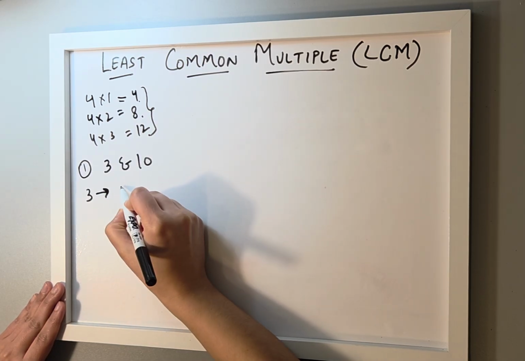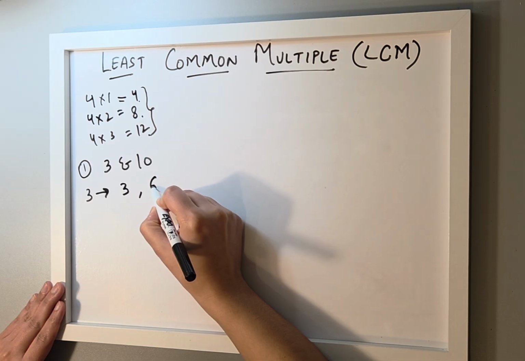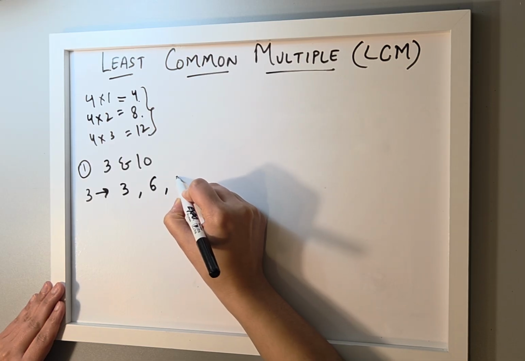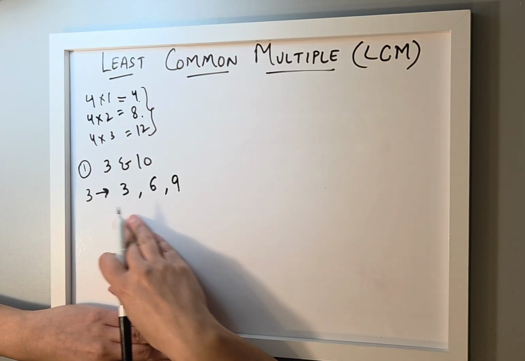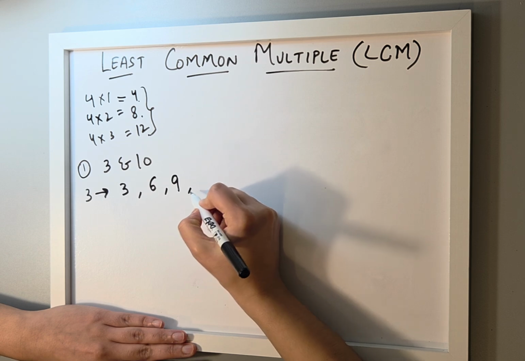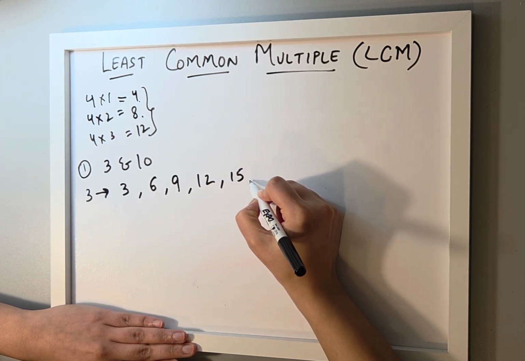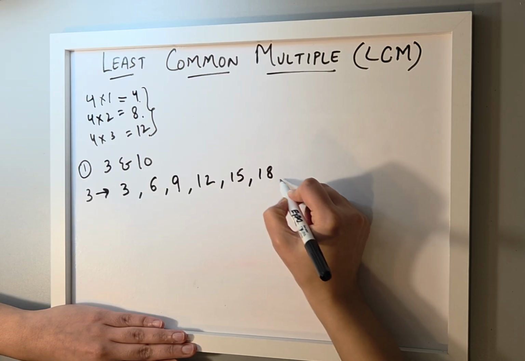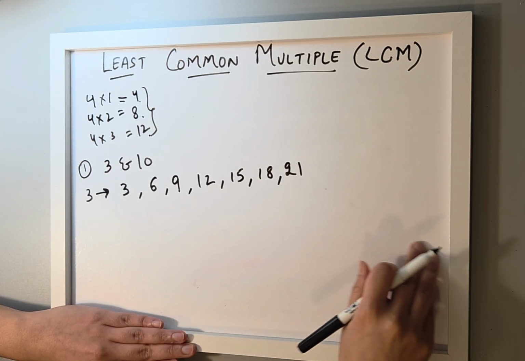So 3 into 1 is 3, then 3 into 2 is 6, 3 into 3 is 9. If you observe, what are we writing? Basically the table of 3. 3 into 4 is 12, 3 into 5 is 15, 3 into 6 is 18, 3 sevens are 21. So we can go on.